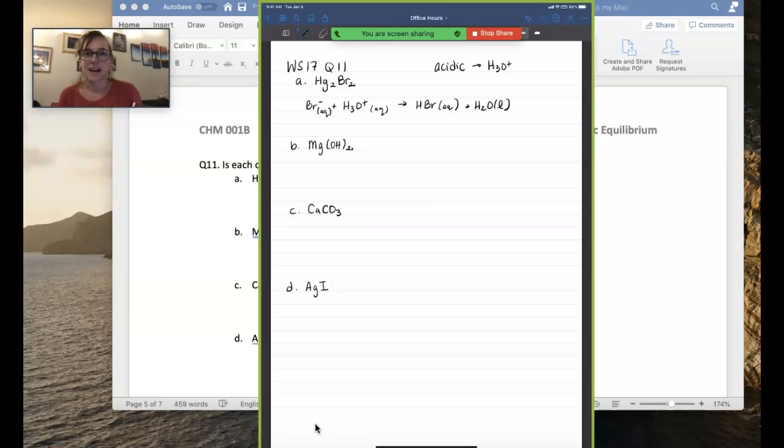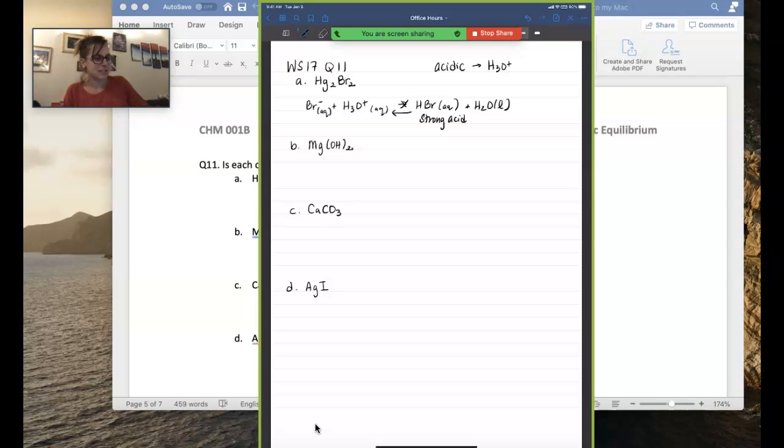And we've learned that hydrobromic acid is what type of acid? It is a strong acid, which means it dissociates completely into ions, right? So even if there's hydronium ions in solution, they're not going to want to react with the bromide to make HBr, because it's such a strong acid. So there's not a huge affinity for that bromide to do that.